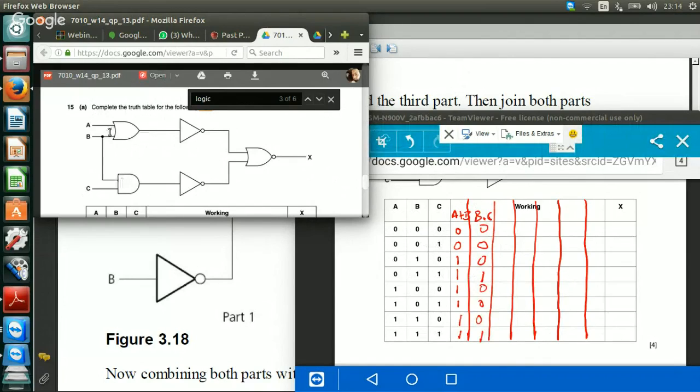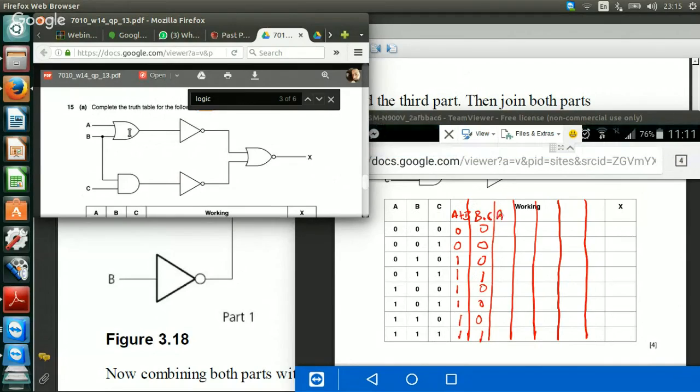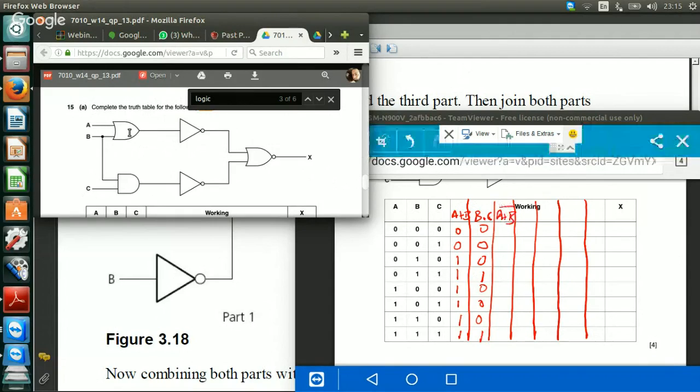Now we are done with A plus B and B dot C. Now we come here. This NOT gate has only one input, which is the output of the OR gate, A plus B. So the whole A plus B gets negated, inverted.